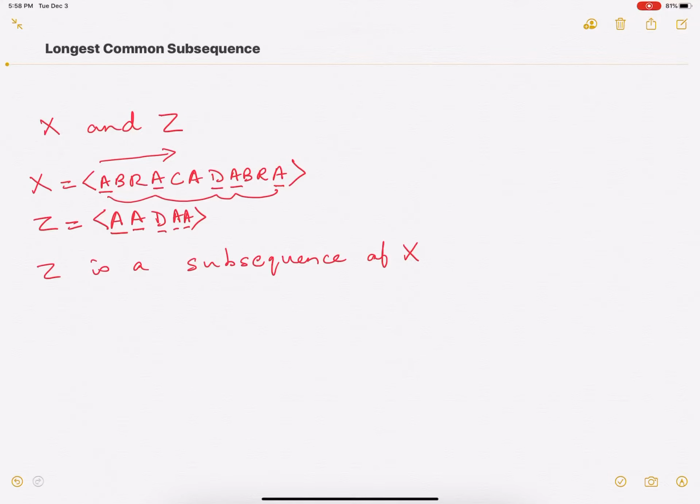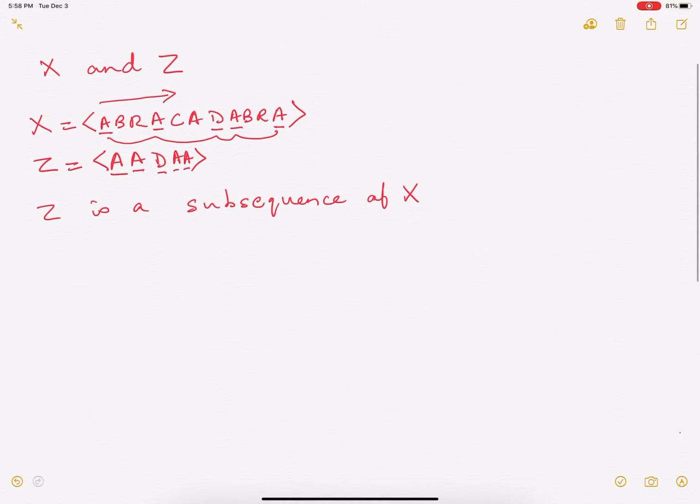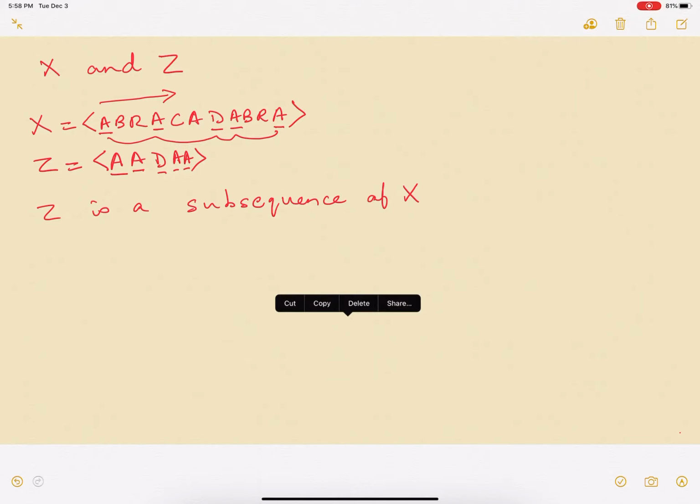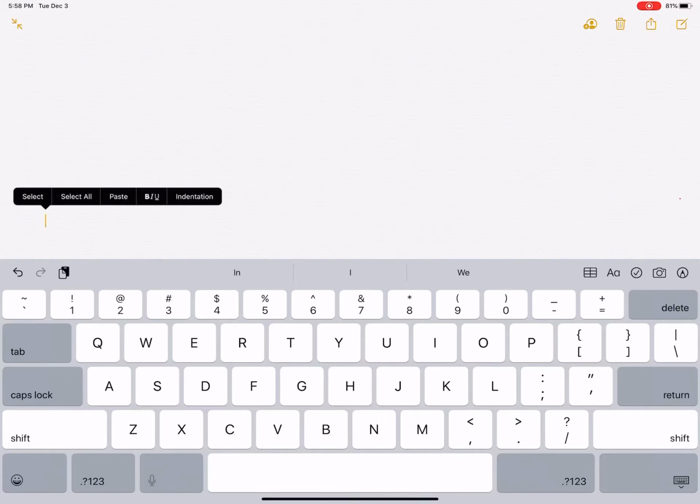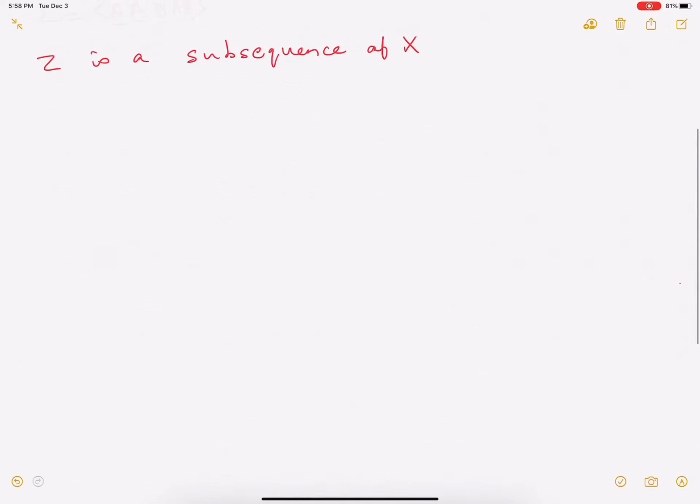Now let us once again consider x. So x here is abracadabra.